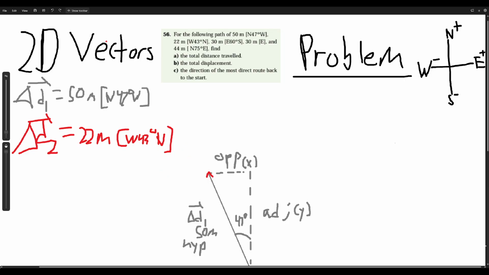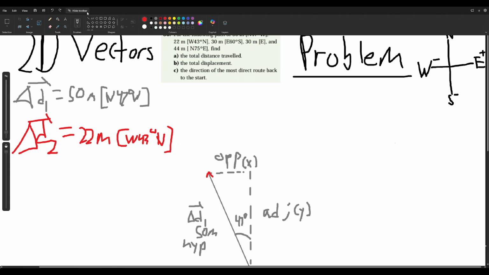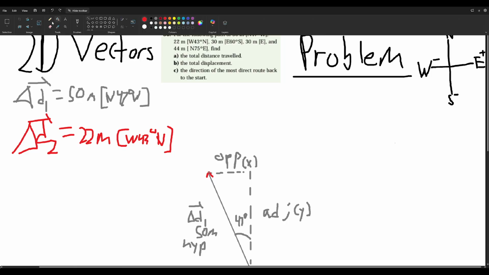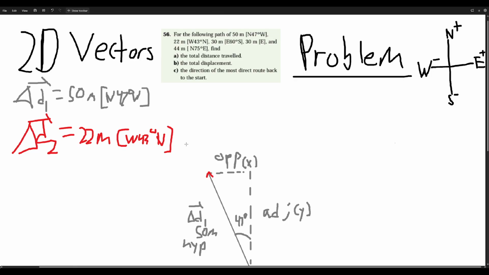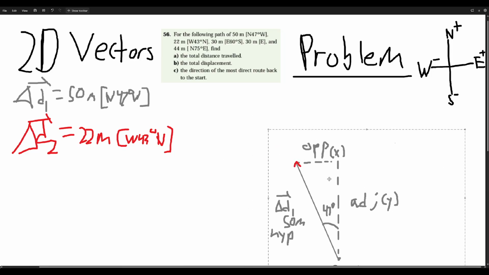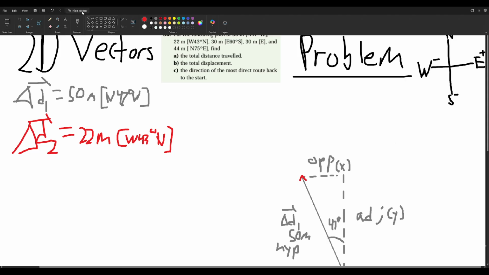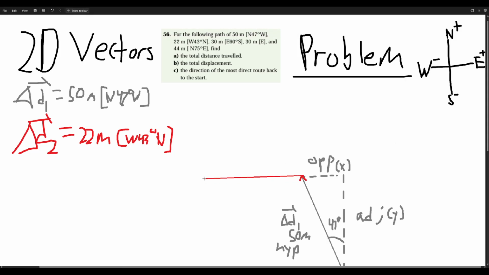So it's gonna look something like this. Actually, I'm gonna have to move this to the side. We're looking west, we tilt up 43 degrees.